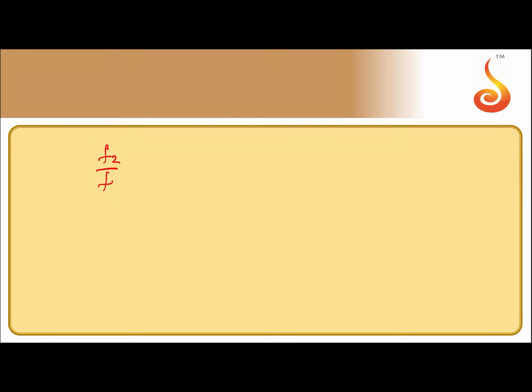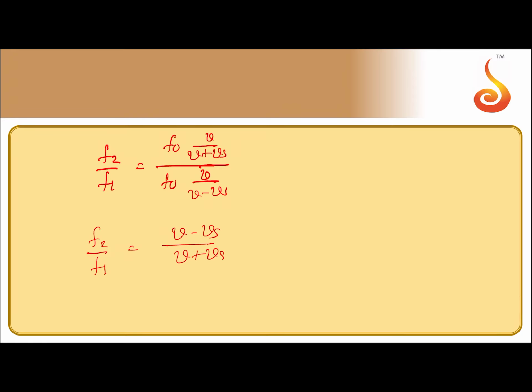F2 divided by F1 is equal to F0 into V divided by V plus Vs, divided by F0 into V divided by V minus Vs. So F2 divided by F1 is equal to V minus Vs divided by V plus Vs, as V and V cancel. Or F2 is equal to F1 into V minus Vs divided by V plus Vs. Do we know the value of F1?